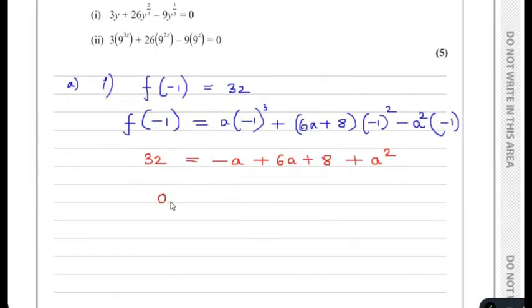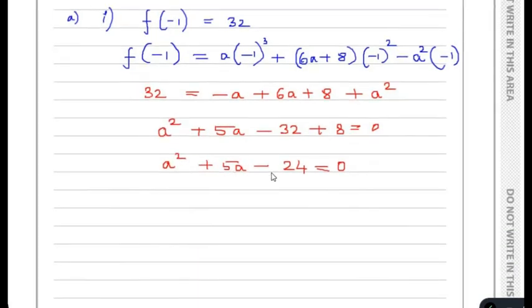Minus a and plus 6a are like terms, so it becomes plus 5a, and if we take 32 to this side it becomes negative 32 plus 8 is equal to 0. So further solving this we get a square plus 5a and this becomes minus 24 equal to 0.